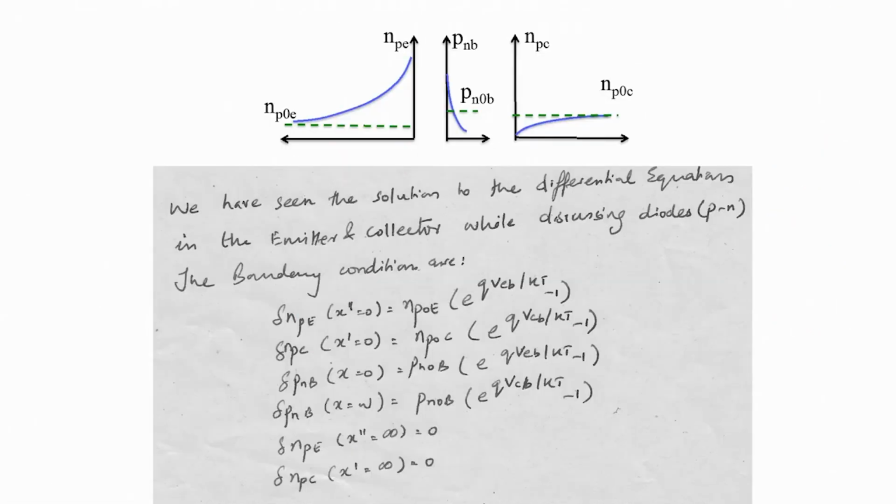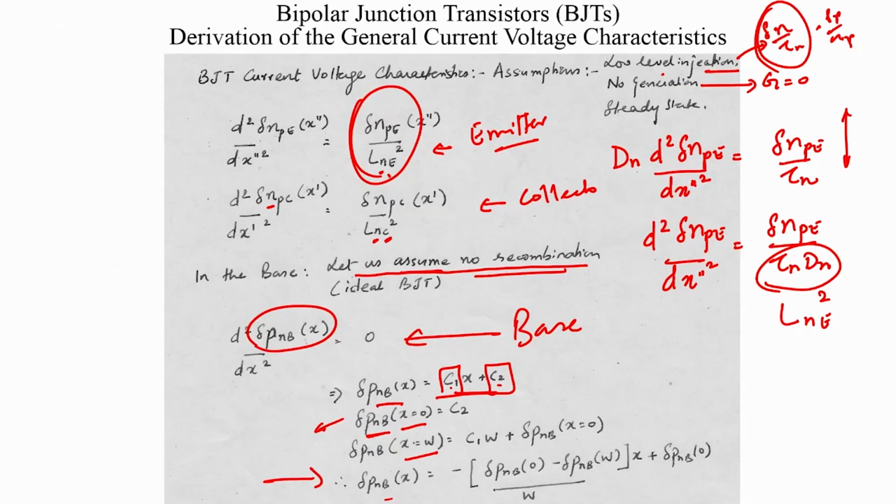Okay. Now, what are the boundary conditions? We have listed 3 different differential equations, and I am sure all of you know how to solve these. It is quite obvious as to what the solutions are. This will have a form of a e to the power x double dash by L_ne plus b e to the power minus x double dash by L_ne, and similarly for this one with different a and b.